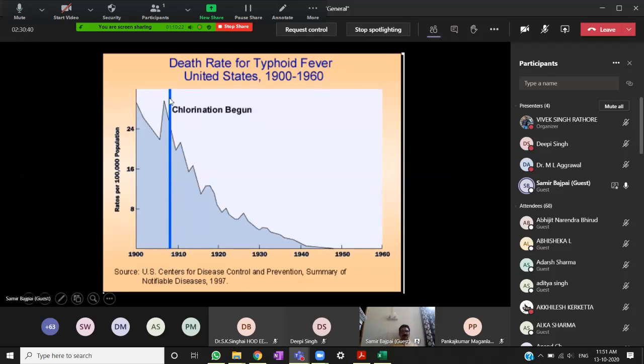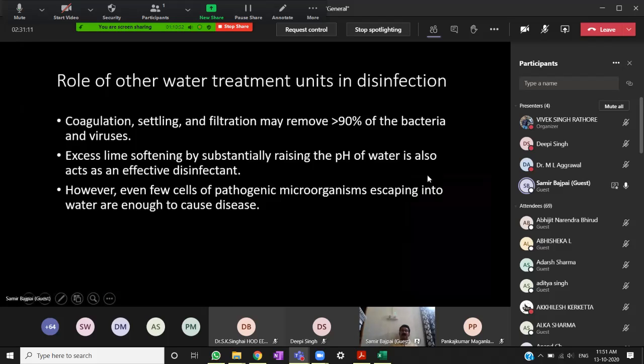Typhoid is typically because of the presence of bacteria, paratyphoid and typhoid bacteria, and they cause typhoid fever, which is very common in India, even through water supplies. So it was introduced in 1908, and by 1940, as it became common across various cities in water treatment, the rate of typhoid was brought to practically negligible. So that is the dramatic impact of disinfection.